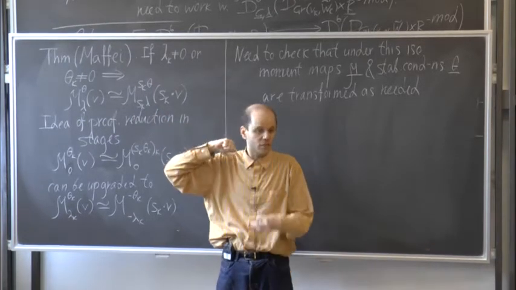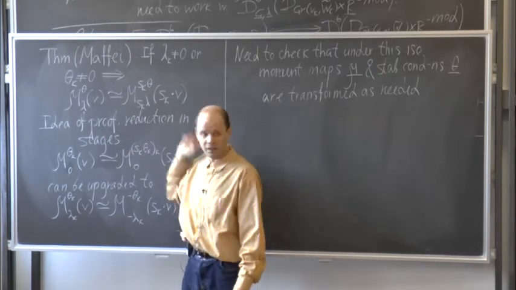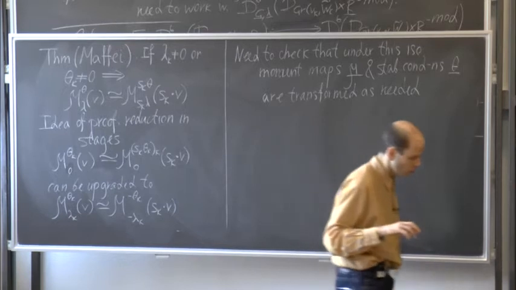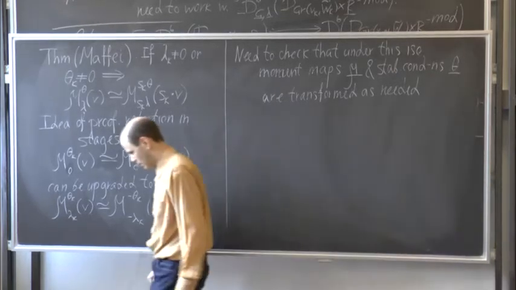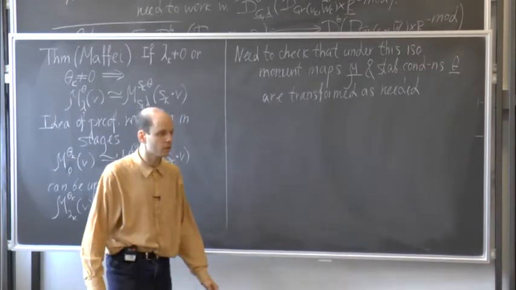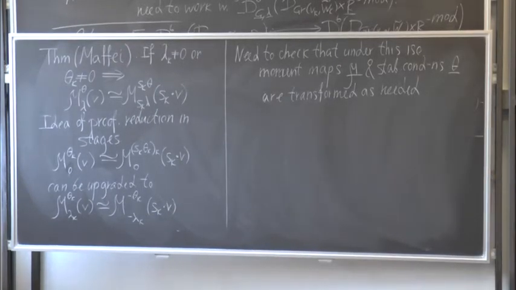So the moment map is defined up to adding a character, and lambda minus sk lambda will be a character of my algebra. So we need to show that under this identification the moment map shifts like this, and it's relatively standard. If you've seen reflection functors for deformed preprojective algebras, which is a more classical topic in representation theory, then this is how reflection functors act on these lambdas, and that's some computation.